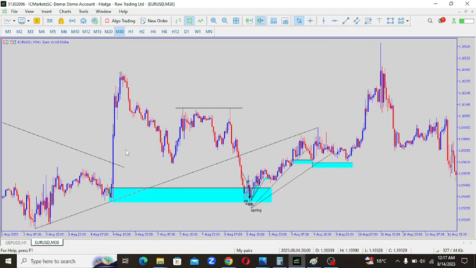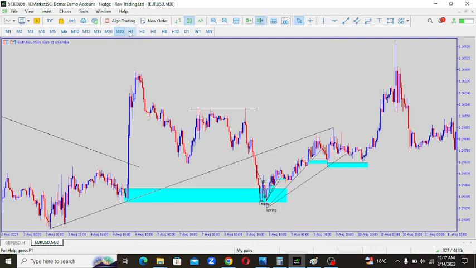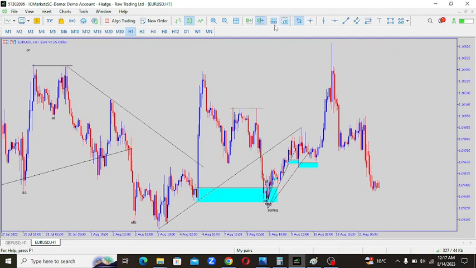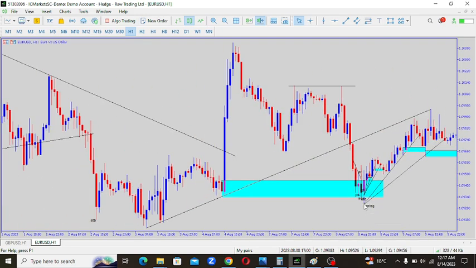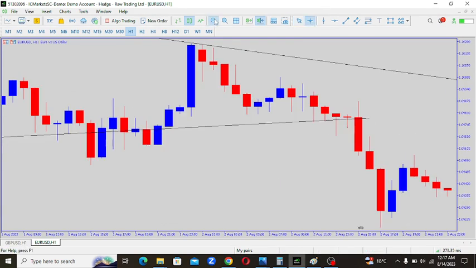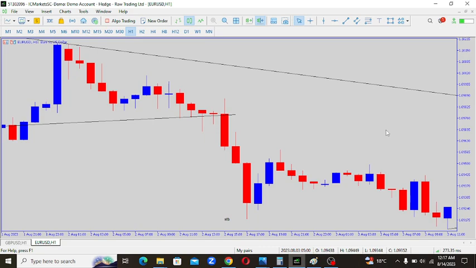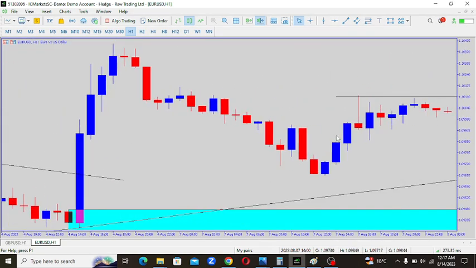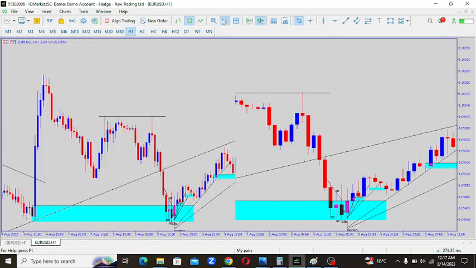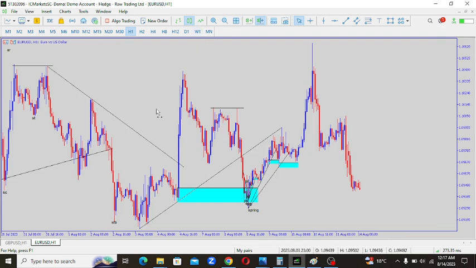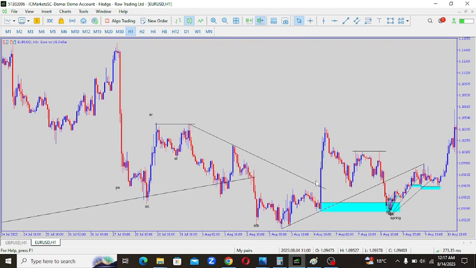You see, other people were buying highs at this order block. You see, there's a sweep. We have a sweep. And remember, this is our H1 accumulation.